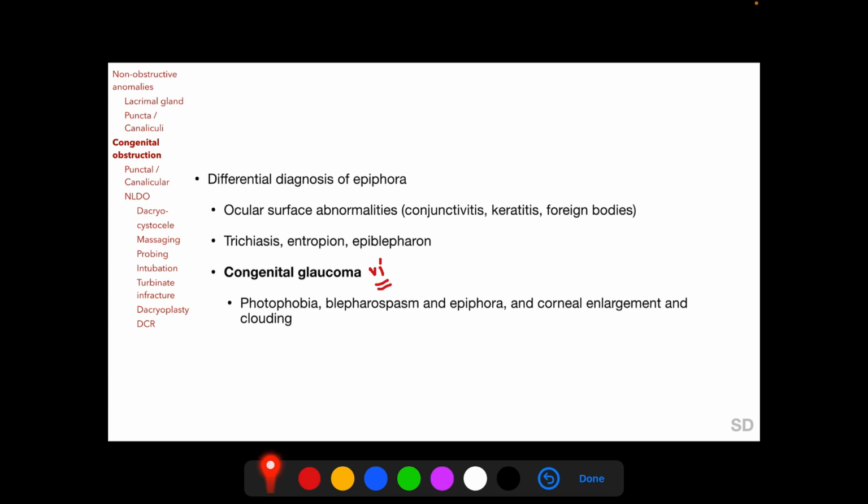In congenital glaucoma, epiphora is associated with photophobia and blepharospasm in a classic triad, and corneal enlargement and corneal clouding can also be present. Photophobia, blepharospasm, corneal enlargement, and clouding are not seen in patients with congenital nasolacrimal duct obstruction.